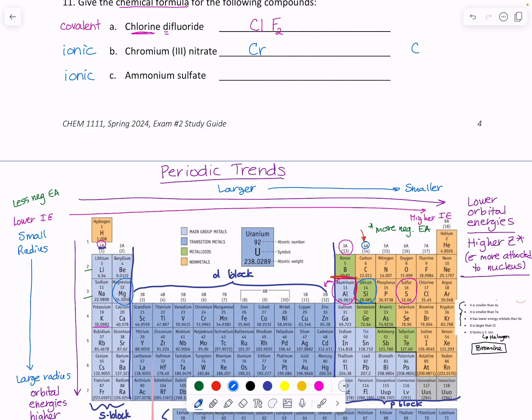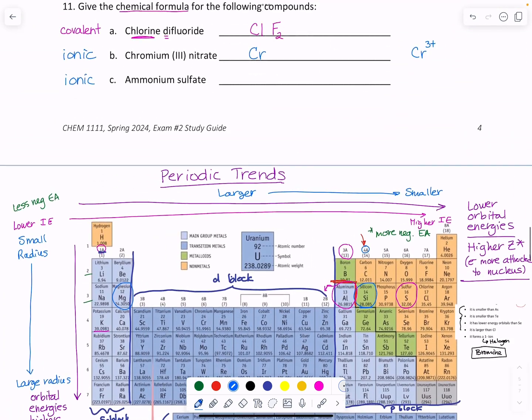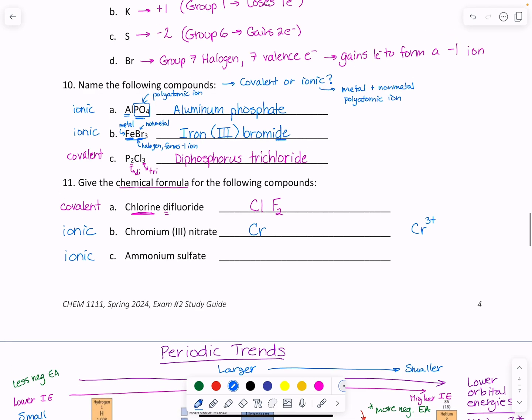So I'm going to write over here chromium 3 plus. Now, nitrate is one of those polyatomic ions that we want you to know. So nitrate, NO3 minus.